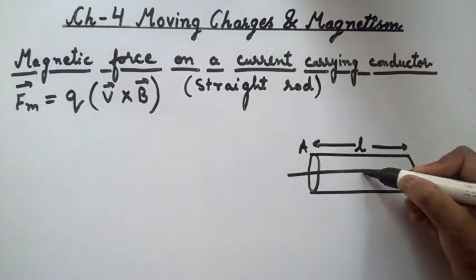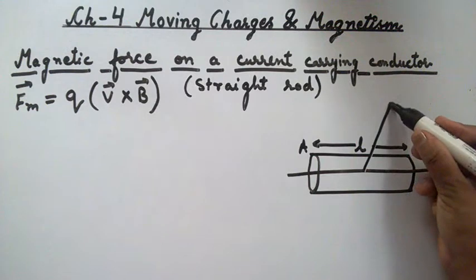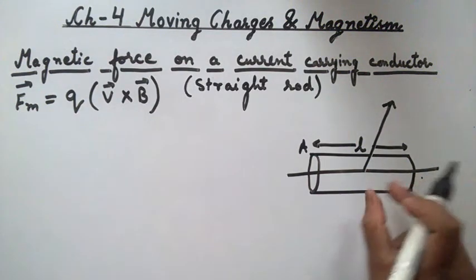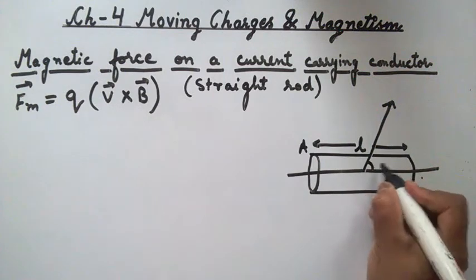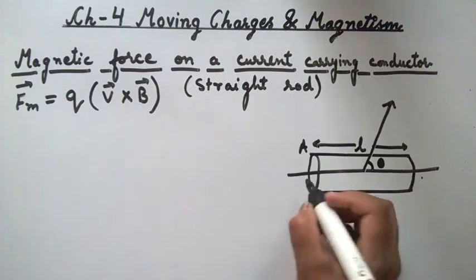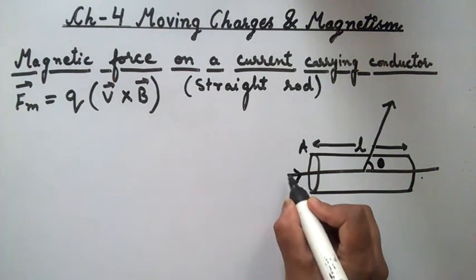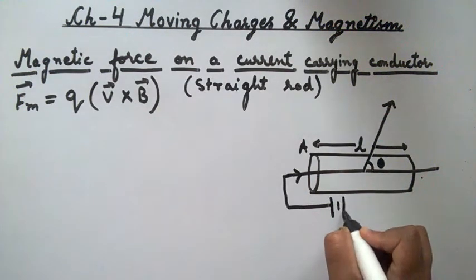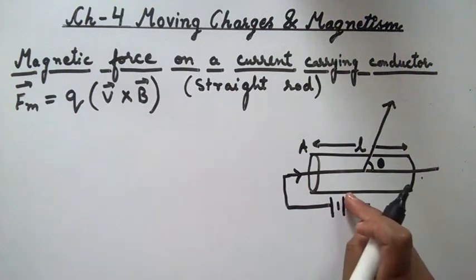Thus, the angle between the magnetic field and the length of the conductor or x-axis is let theta, and the current is flowing from the positive electrode to the negative electrode in this way.